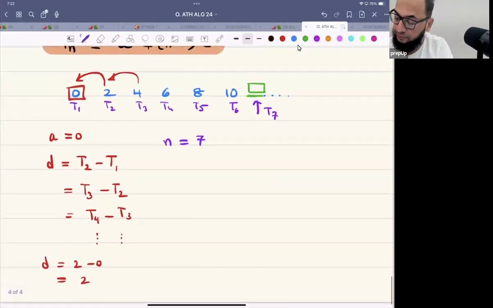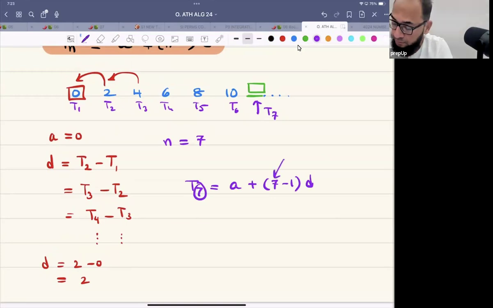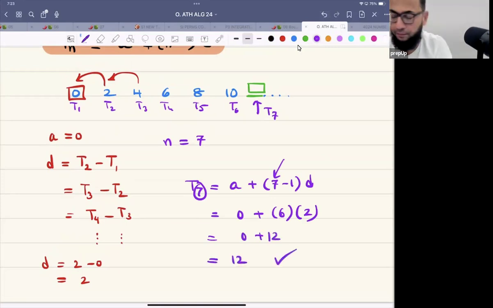The answer is yes. So T7 should be A plus (7 minus 1) into D. Instead of n, I have plugged in 7. A is 0, 7 minus 1 is 6, the value of D is 2, so this is 0 plus 12, and yes, the answer is 12, which we already know from our observation.